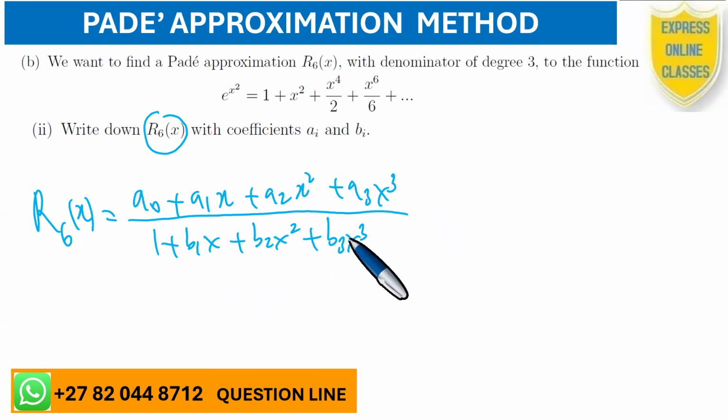Because it is degree 3, 3 plus 3 equals 6.